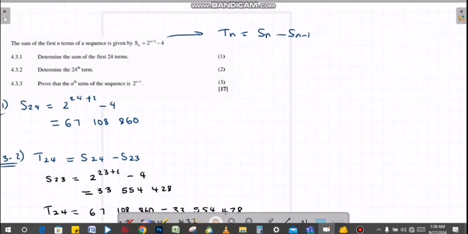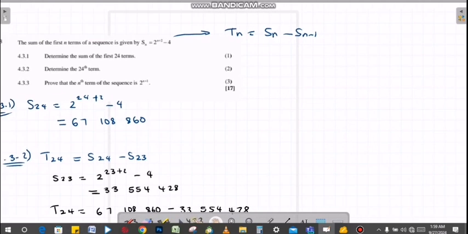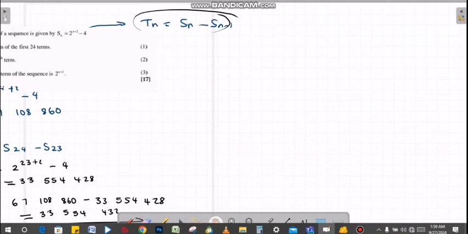Our next question, they're saying prove that the nth term of the sequence is 2 to the power of n. Okay, the nth term, Tn. They're looking for Tn. So now let's try and prove that. Tn is equal to Sn minus S(n minus 1).